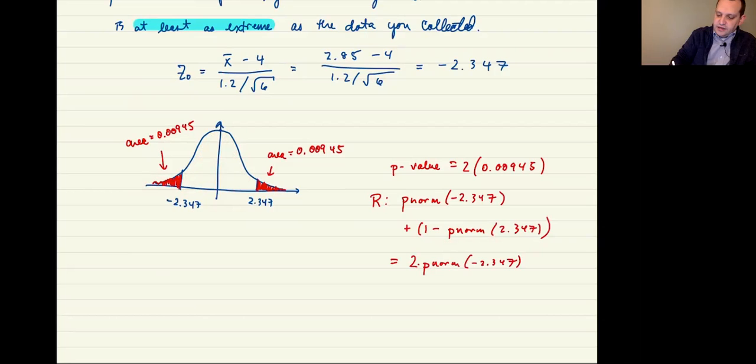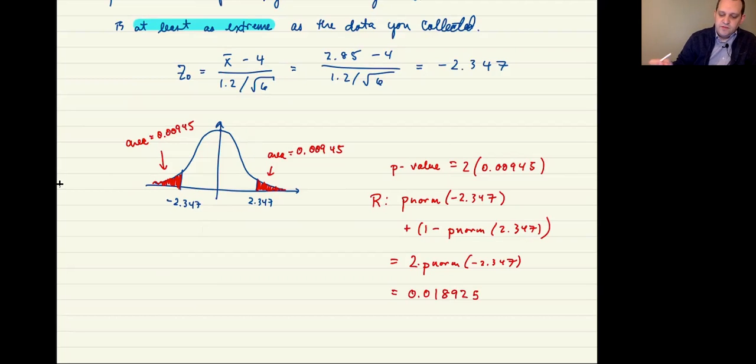So it turns out that your p-value is 0.018925, and you can use however many decimal places you'd like.